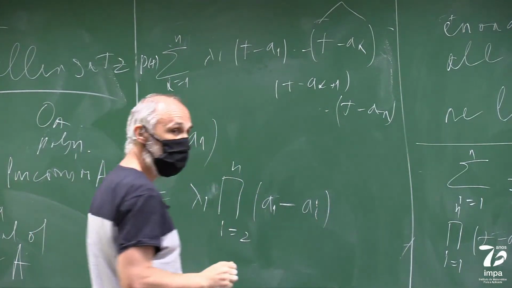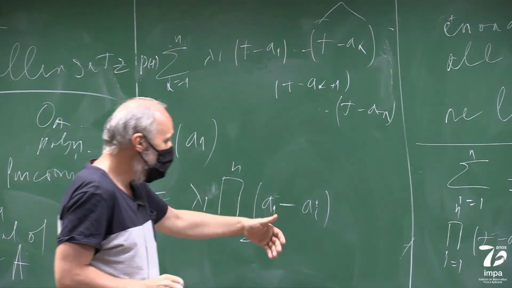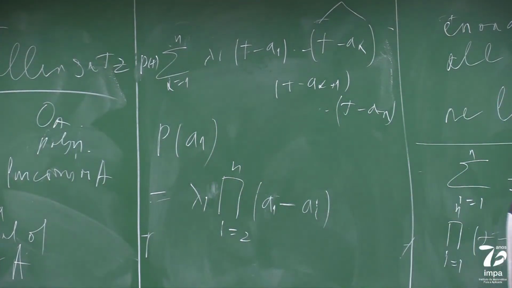And this is non-zero. So this polynomial is non-zero at a1. It can't be 0. So this linear relation is impossible. And this implies that you really have a continual basis in the set of rational functions.